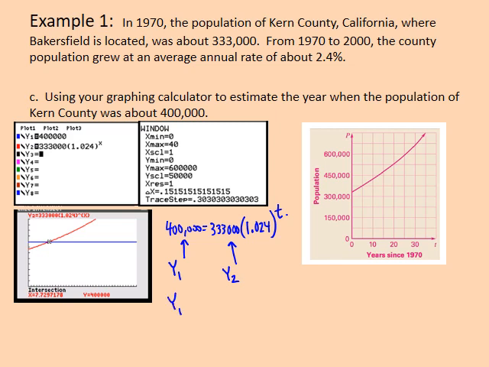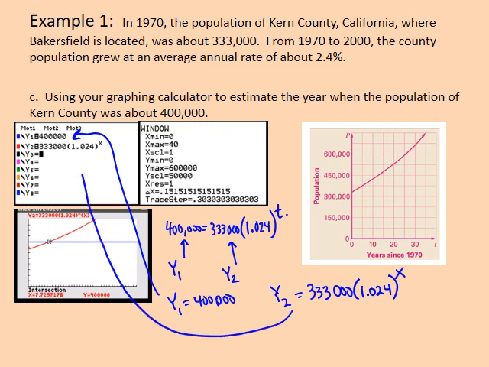So notice in y1, I have 400,000. And in y2, I have 333,000 times 1.024 all the way to the x power, because you have to use x in the calculator.